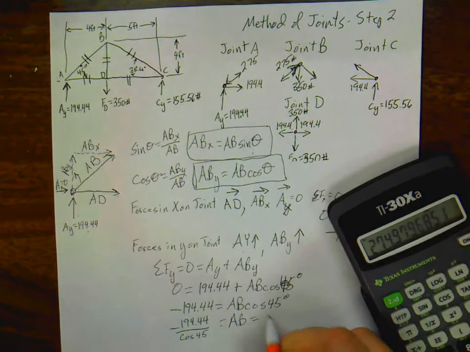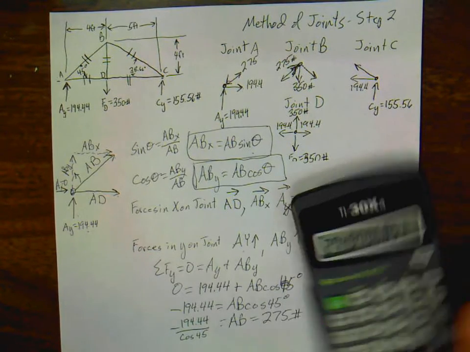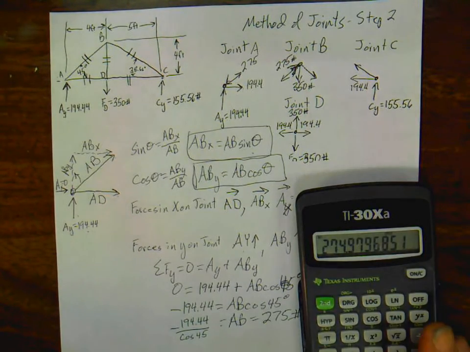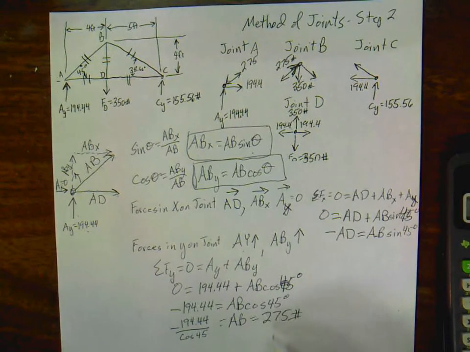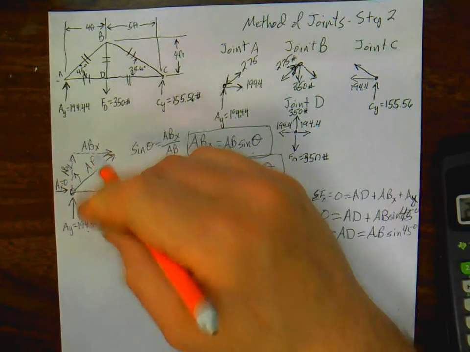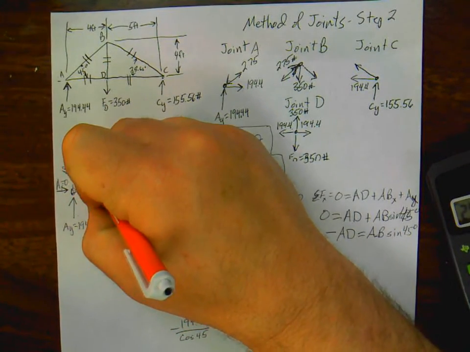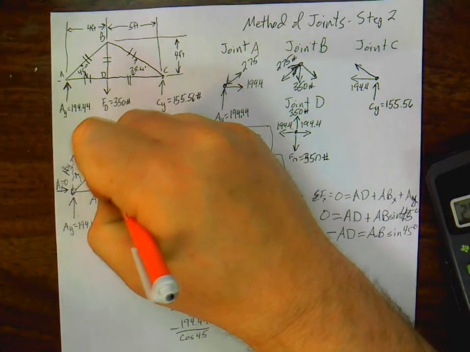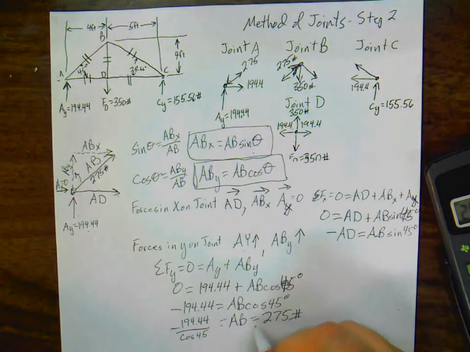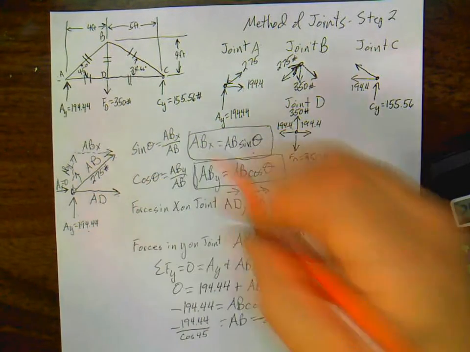At this point, we can go back up to our free body diagram, and we now know that this is 275 pounds. And it's actually a negative 275 pounds. Because of that value, that tells us our original assumption on direction here was wrong, and that this is actually going this way.